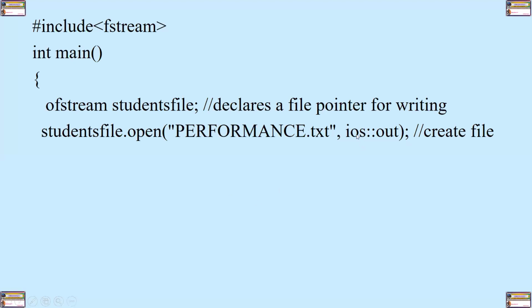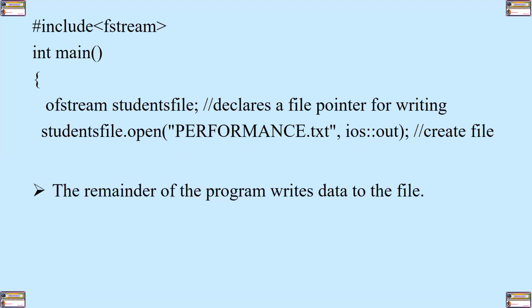And then we include the input-output stream, and then we ensure that we indicate the mode. In this case, our mode is for writing. So we are opening it to allow us to write, and therefore we have out included. This statement creates a file if the file does not exist and opens it ready for writing purposes.